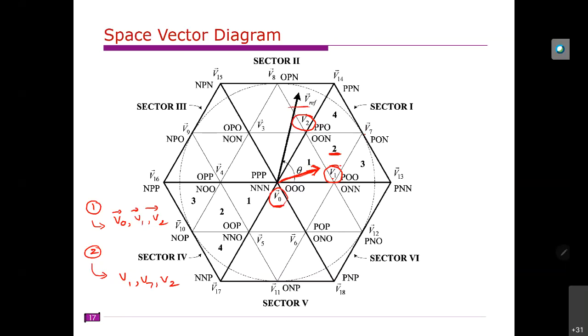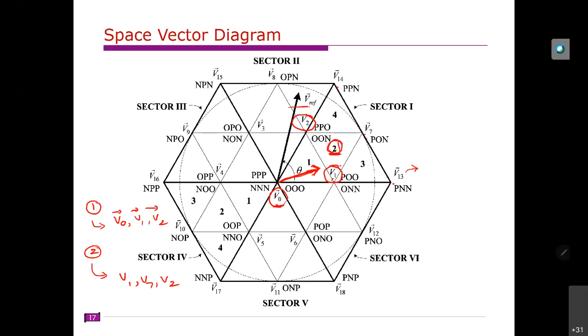You can also consider V0, V13 and V14, but these are far away from the actual point. If you consider those, the harmonic performance is not good. So just remember that we need to consider the nearest space vectors, that means V1, V7, V2.